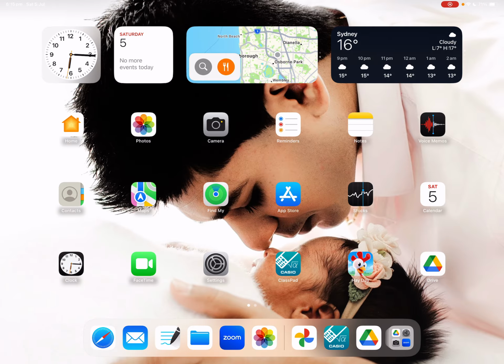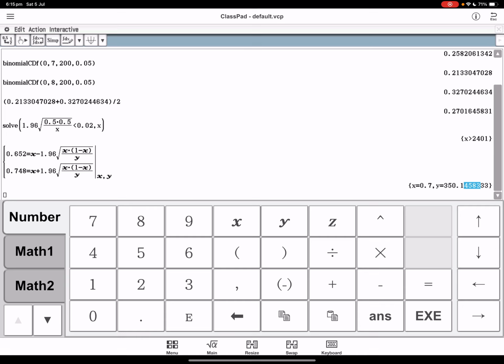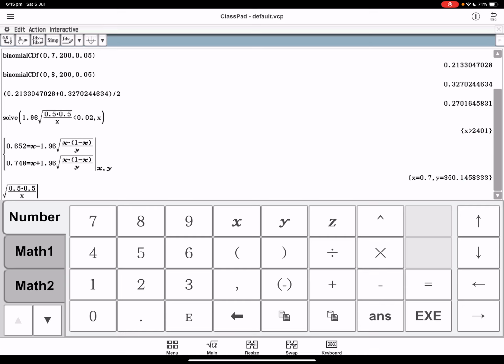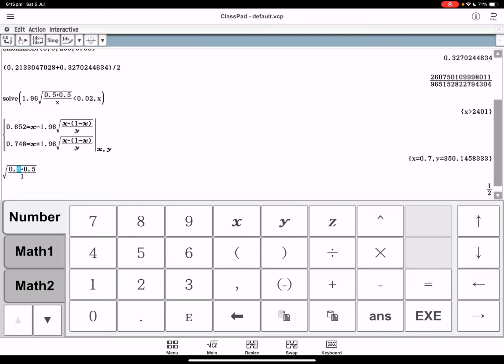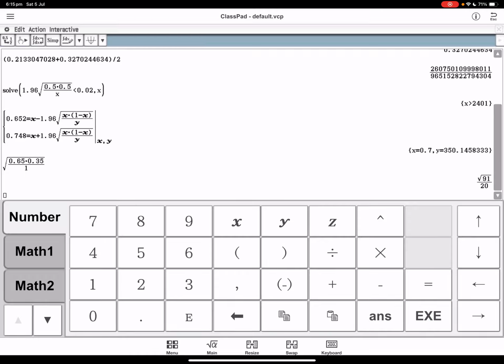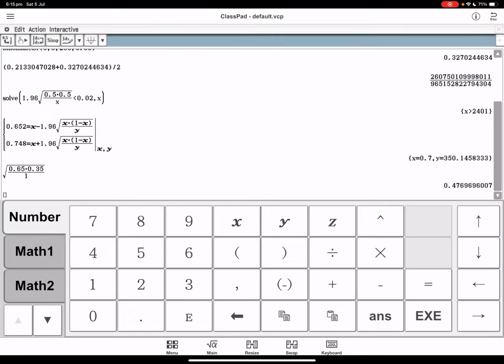And you can do it on your calculator. If I do the square root of 0.5 times 0.5, let's just say sample size 1, it doesn't really matter. We get 0.5. What did we have? 0.65 times 0.35. As a decimal, that was 0.48.